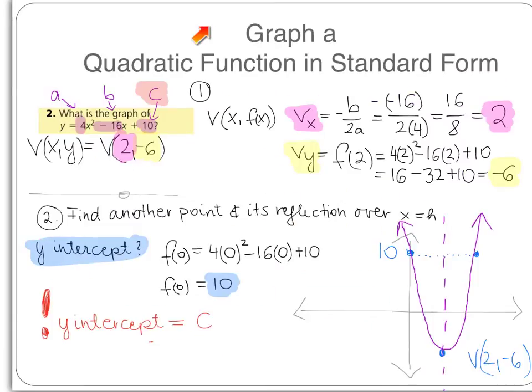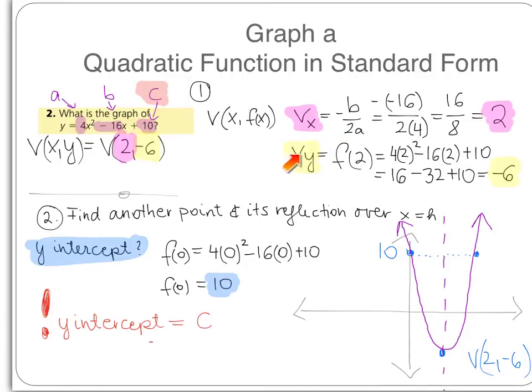Our main objective is graph a quadratic function in standard form. So let's do that. What is the graph of y = 4x² - 16x + 10? Identify a, b, and c. Then find the x-coordinate of the vertex, -b over 2a. It is 2.